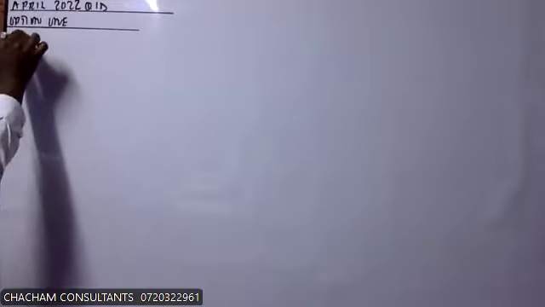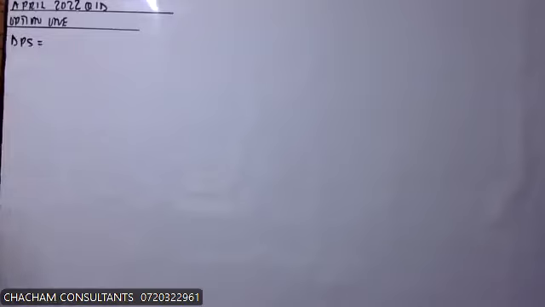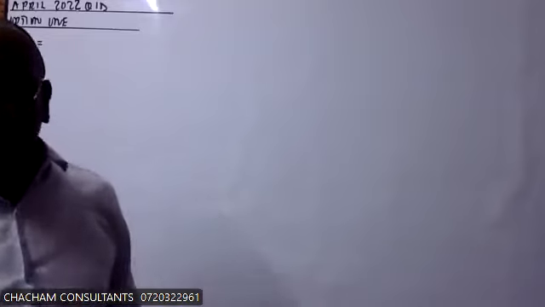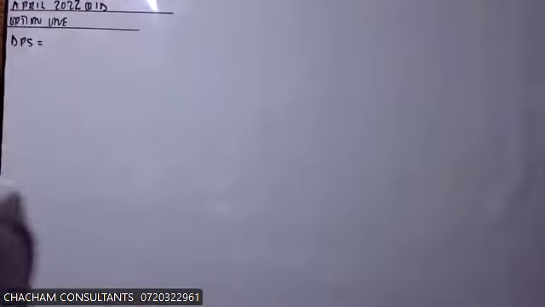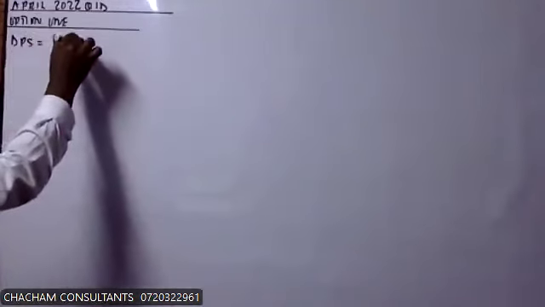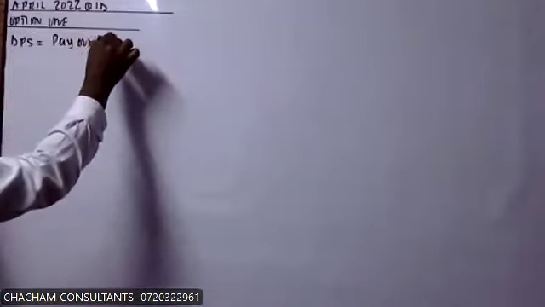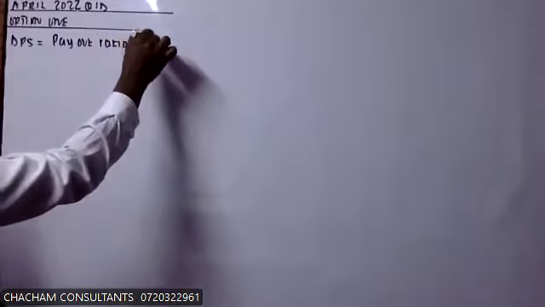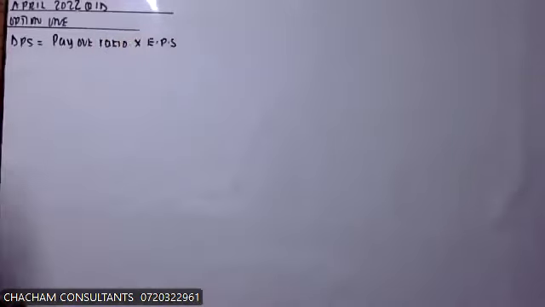Now, dividend per share, we are told that the payout ratio is 60%. And the earnings. So the dividend per share is the payout ratio times the earnings per share.